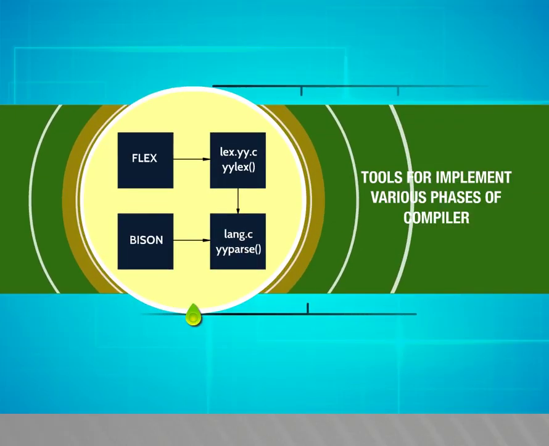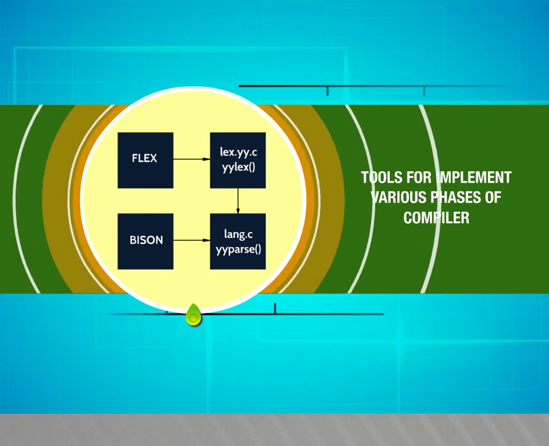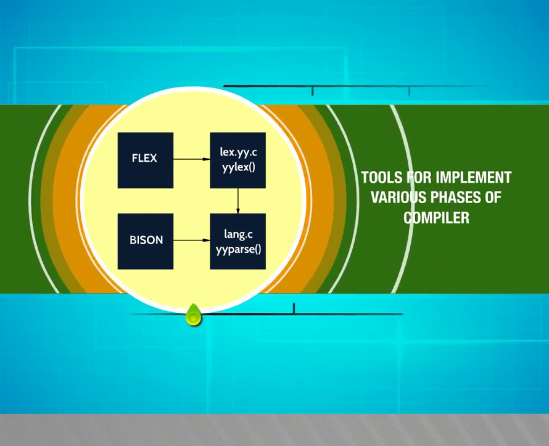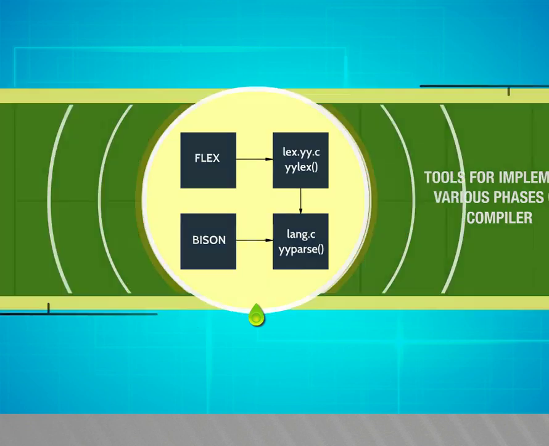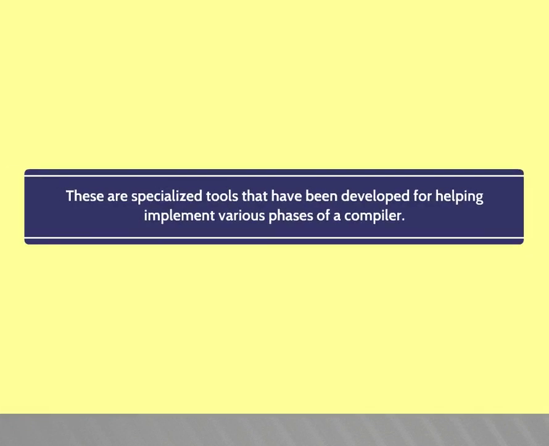Tools for implementing various phases of a compiler. In this video, we are going to see about tools for implementing various phases of a compiler. These are specialized tools that have been developed for helping implement various phases of a compiler.